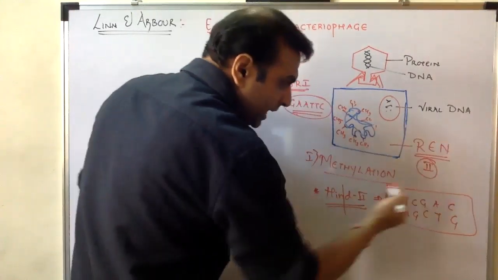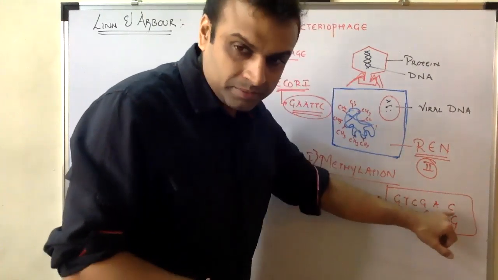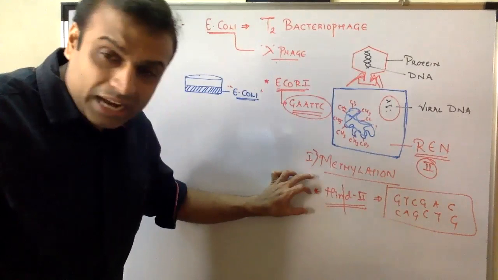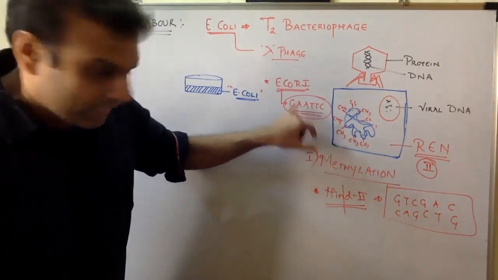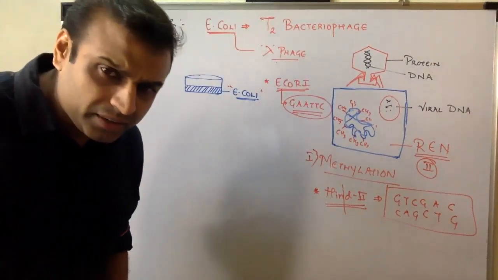HindII डीएनए को कट करेगा अगर उसके पास सीक्वेंस है GTPyPuAC. ओके, तो ये सीक्वेंस के अनुसार ये REN काम करते हैं. HindII इसको कट नहीं कर सकता है, EcoRI इसको कट नहीं कर सकता. Is this very clear? Right.